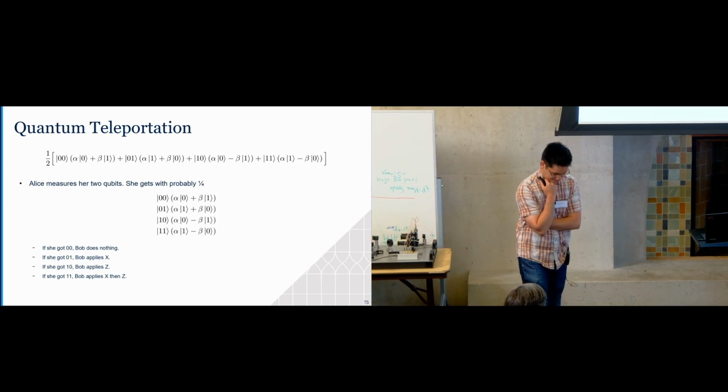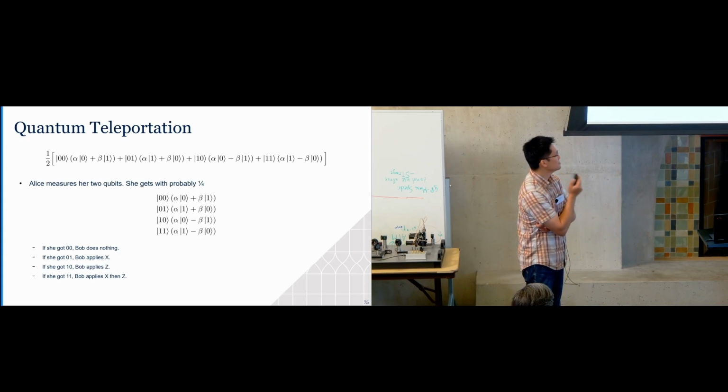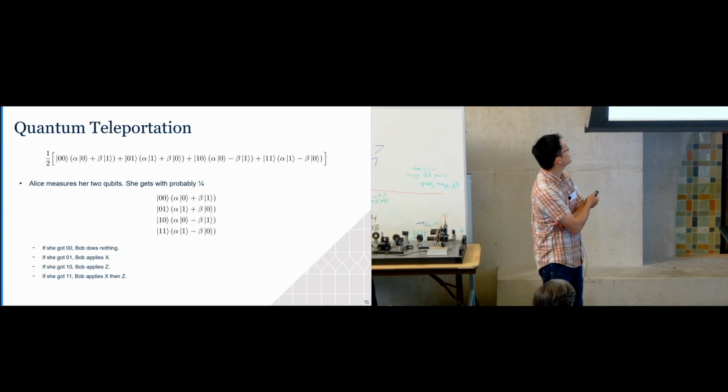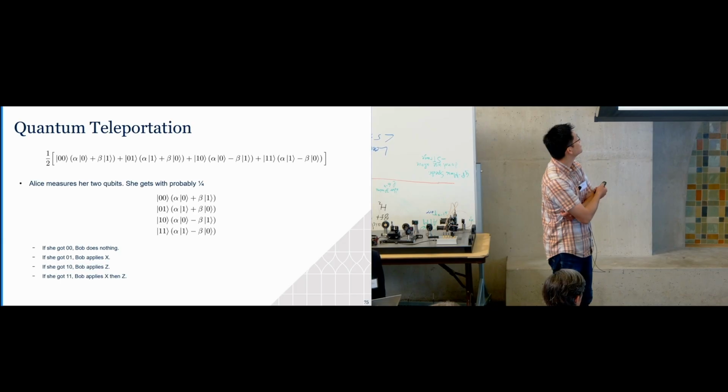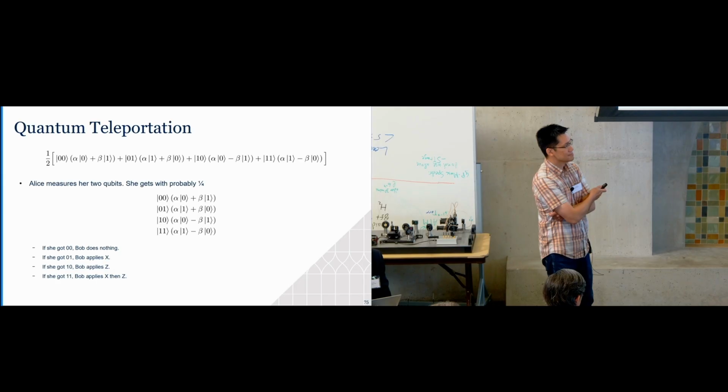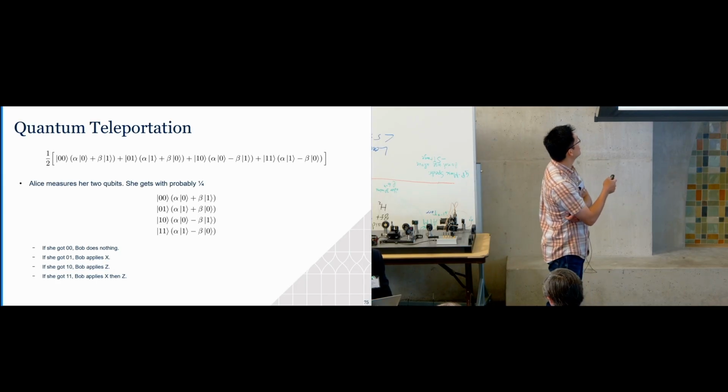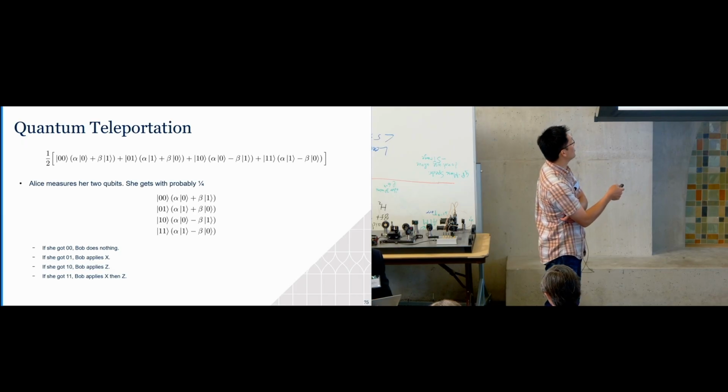But my question is, so Alice measures, I just want to make sure I understand this properly because it's a little confusing. So Alice eventually measures her 2 qubits. Yeah. And then based on what she gets on her measurement, she knows which gate would need to be applied in order for Bob's qubit to turn into the same. Yeah, because she knows depending on what she gets, the state has collapsed into one of these 4 options.